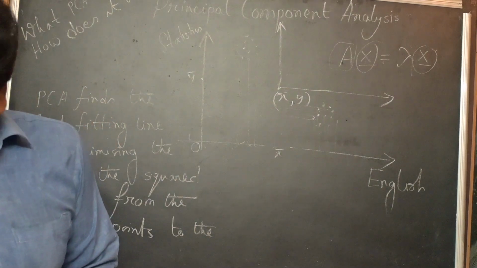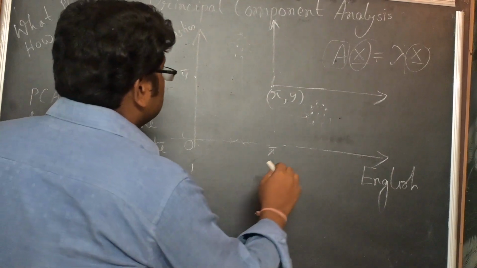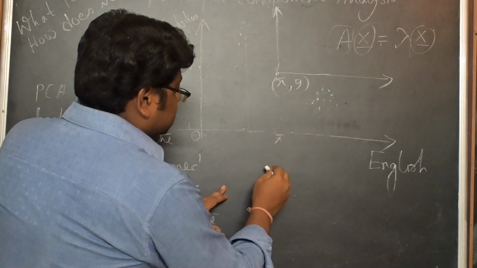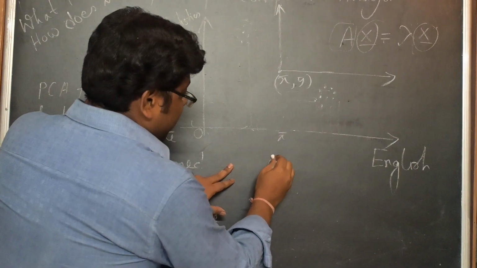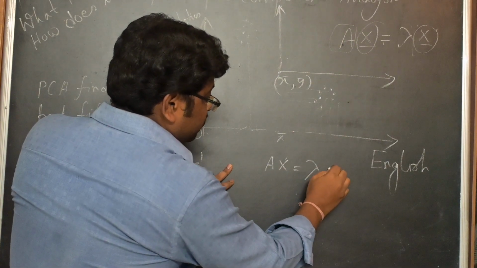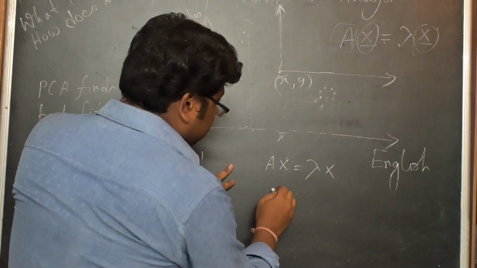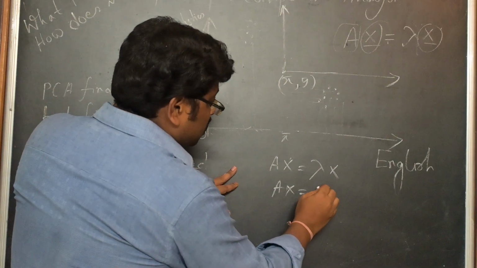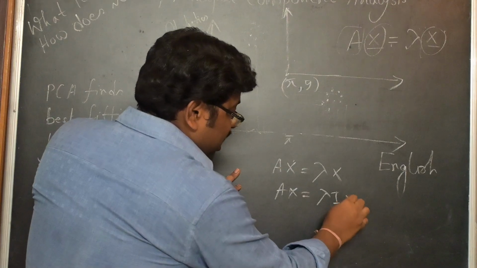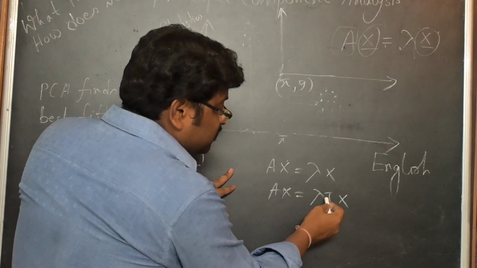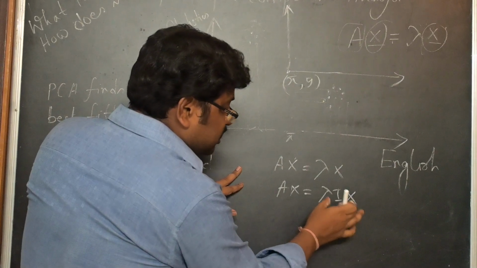So look, for a matrix, Ax equal to lambda x. Now you can write this as Ax equal to lambda I x, where I is the identity matrix, and if you multiply it, this side will be the same.